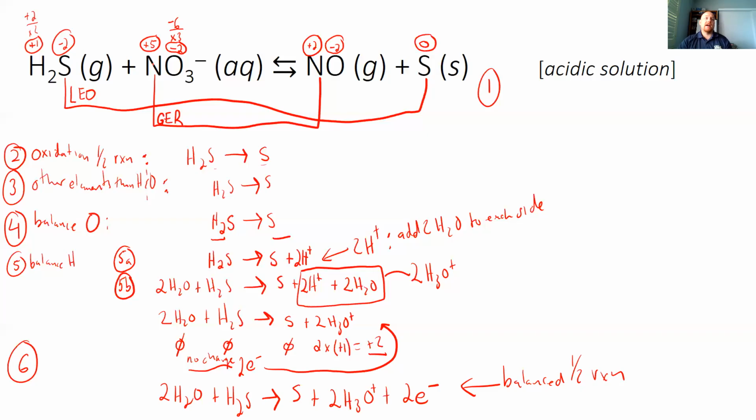So our reduction half reaction will be we'll start with the NO3 minus reacting with, or to form NO. Okay, and so again, that's step 2. Again, now we follow all of these same steps as we balance this half reaction as well.